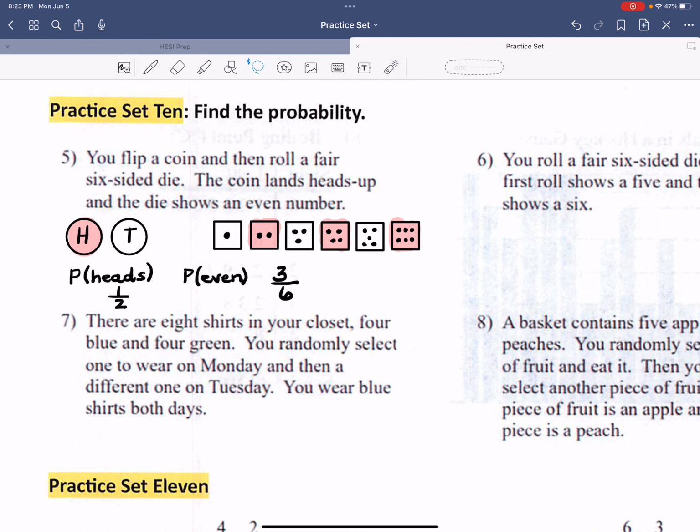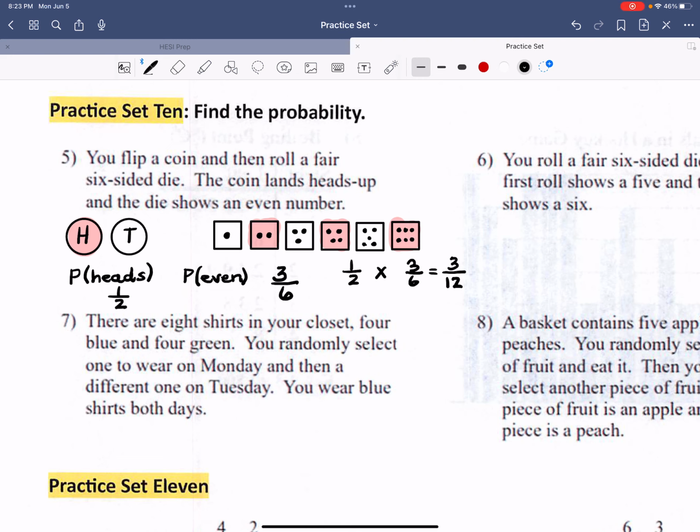And you want to make them be an "and." So 1/2 and 3/6. I can't say that word. That "and" tells me to multiply. 1 times 3 is 3. 2 times 6 is 12.